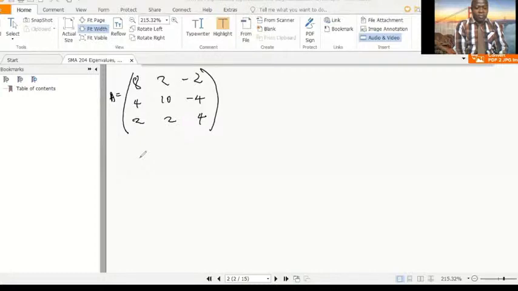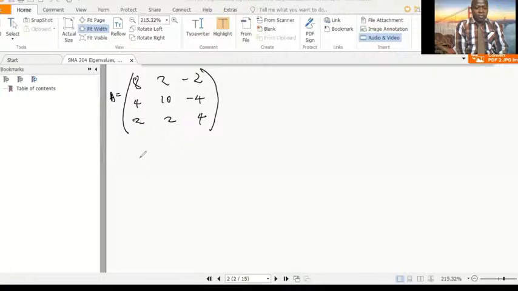And then again, along the other diagonals, multiply the three other diagonals and add their results separately.